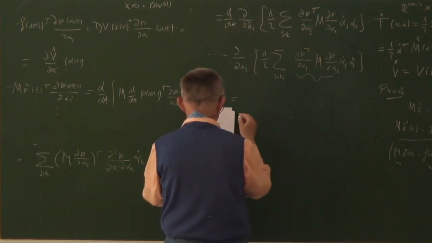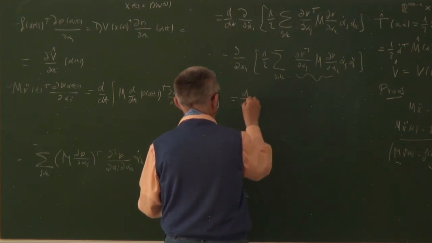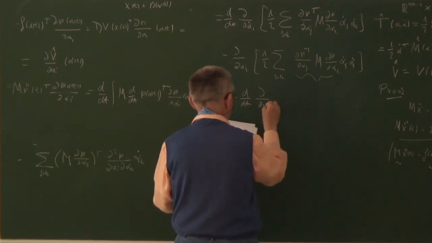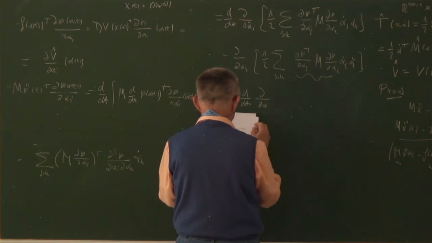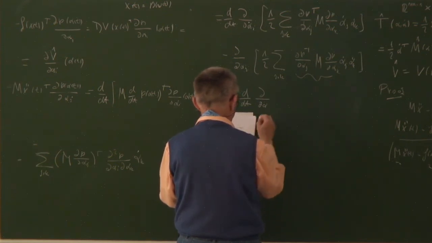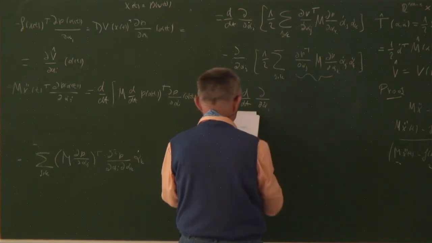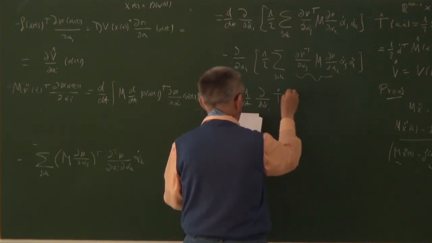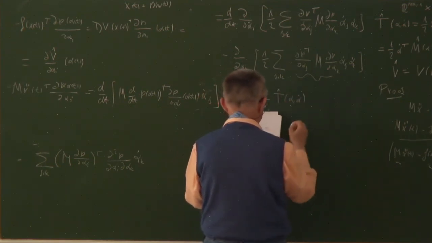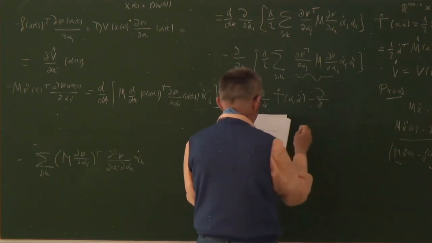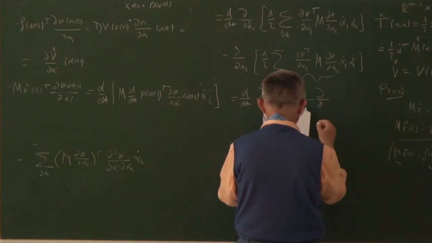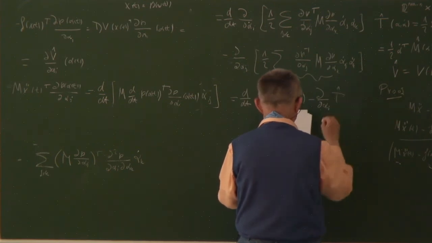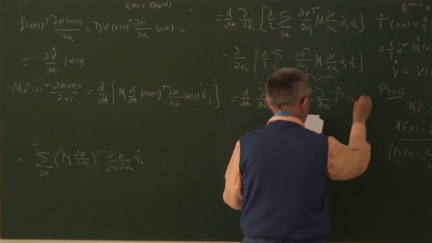So this is then d over dt partial d over d alpha I dot, minus d over d alpha I of the hat.